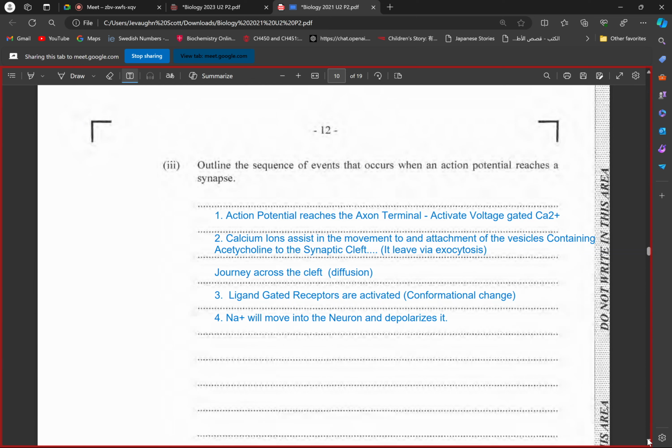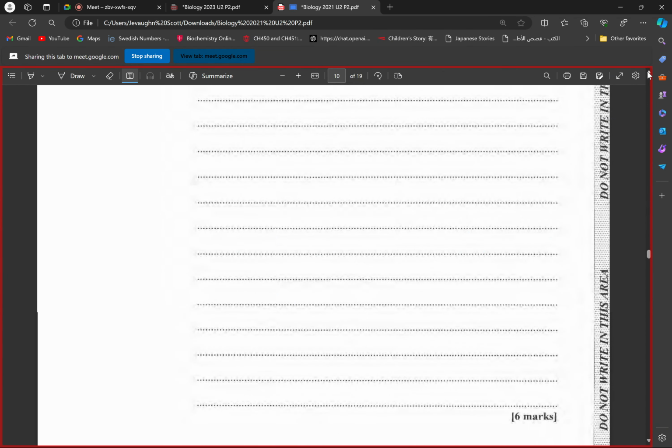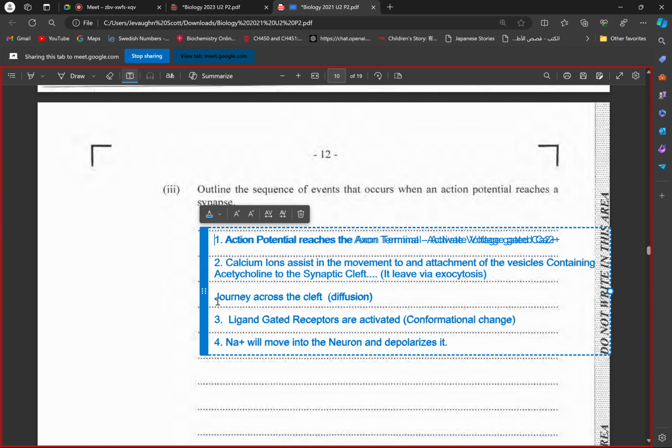You're supposed to outline them, 6 marks. You could divide this into 6 different steps. Technically this is a step. You could speak about the proliferation of the next action potential. That would be 6 steps.